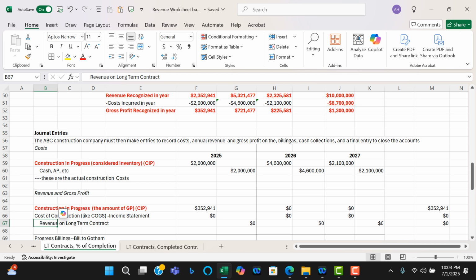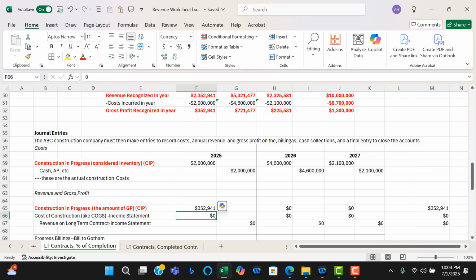And this is your revenue account, so this is also an income statement account. Both these accounts get closed to retained earnings.